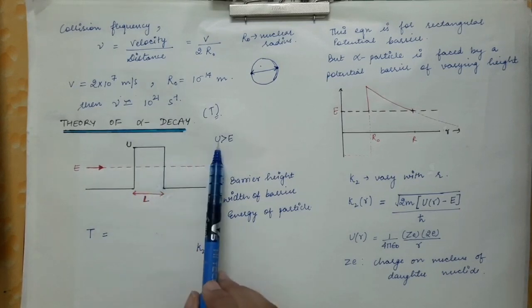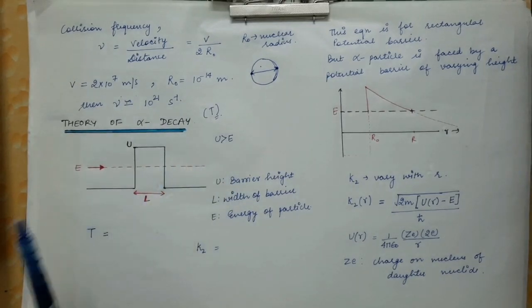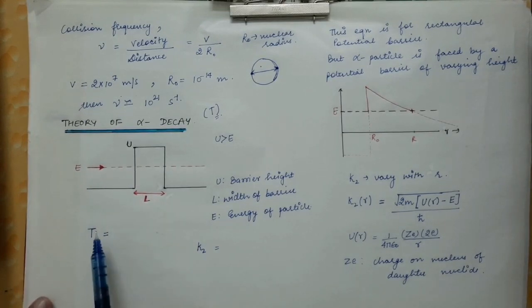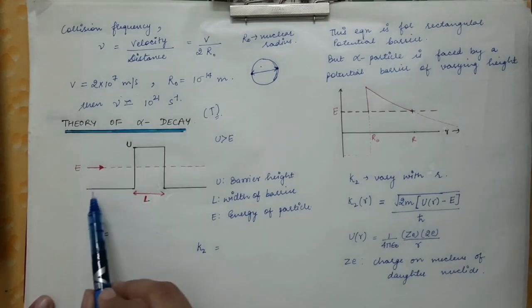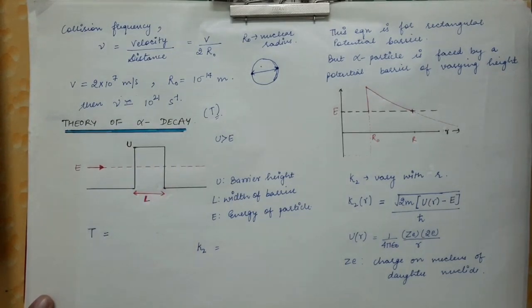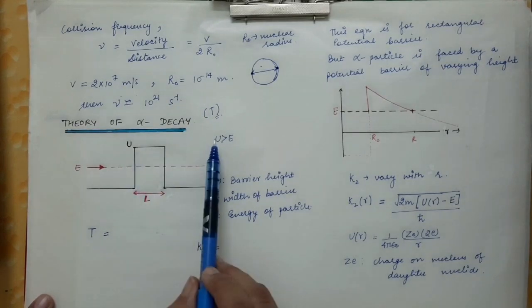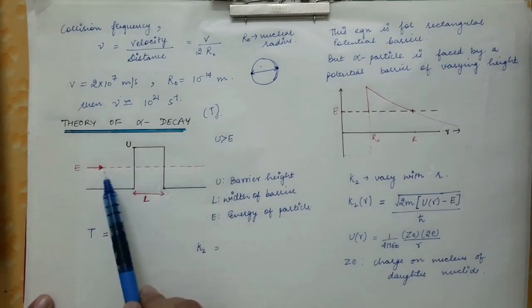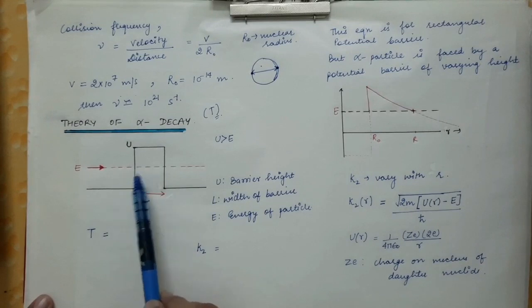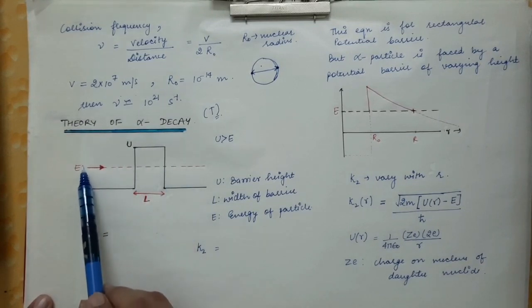In quantum mechanics, you have already seen the transmission probability for a rectangular potential barrier whose height is greater than the energy of the particle.